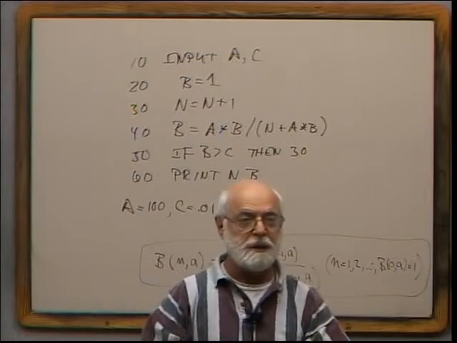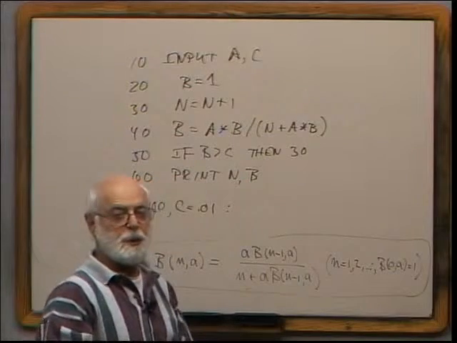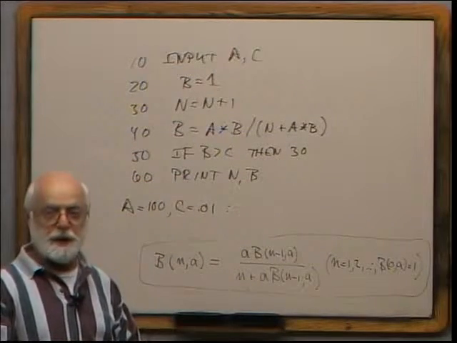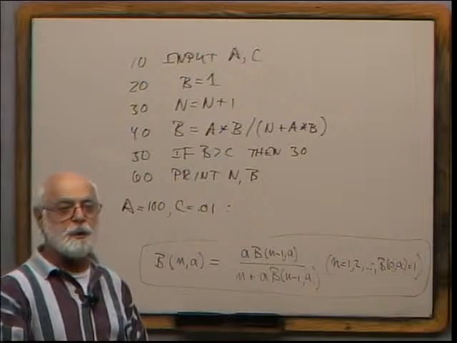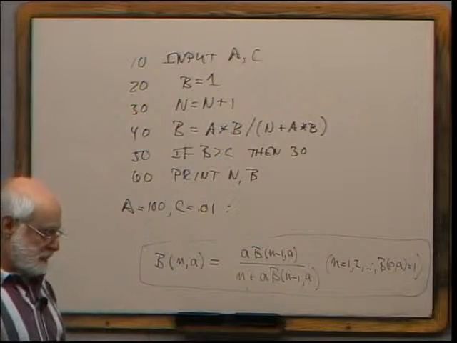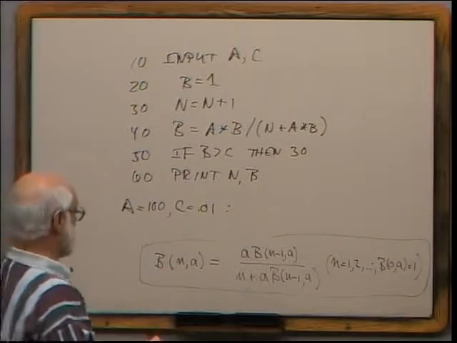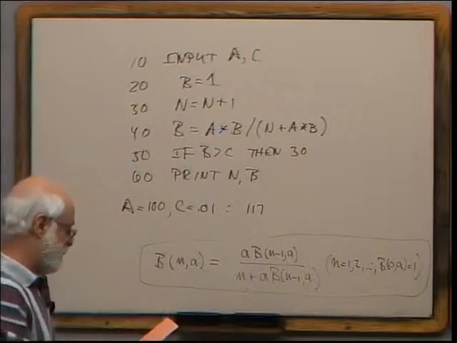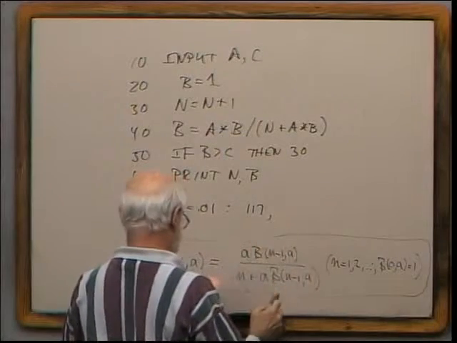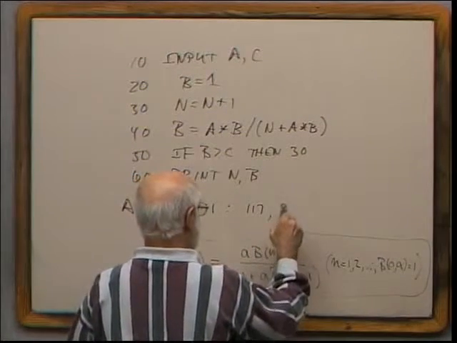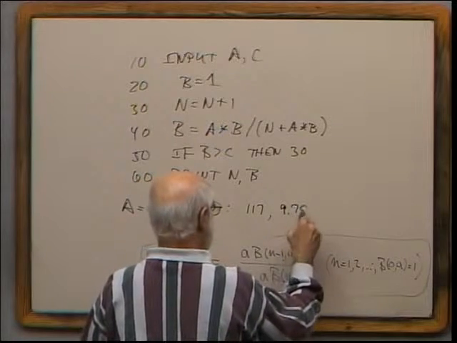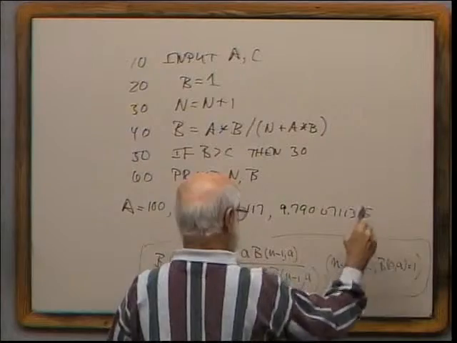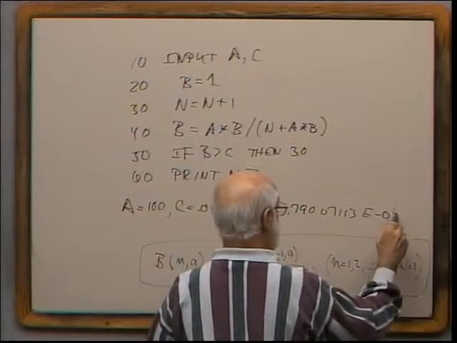How many servers do I have to put in order to handle 100 Erlangs with a probability of blocking of no more than 1%? Well, if you run it, the answer will turn out to be 117. So I need 117 servers. And the probability of blocking at that time would be 9.79007113 times 10 to the minus 3. In other words, just slightly below 1%.